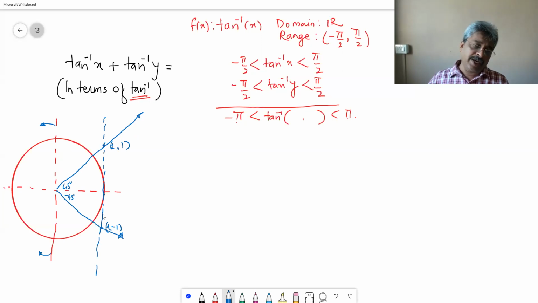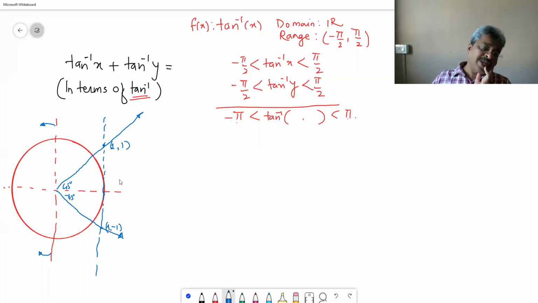If the terminal ray intersects the tangent at 1, that is the tan value we have in trigonometry. So if your x and y values are such that the terminal rays lie in this zone, the total will never exceed pi by 2 or minus pi by 2. That is the safest case. Yes, is this the safest case? Yes.